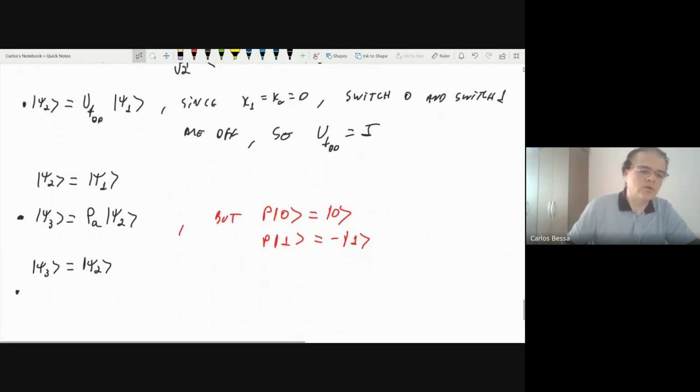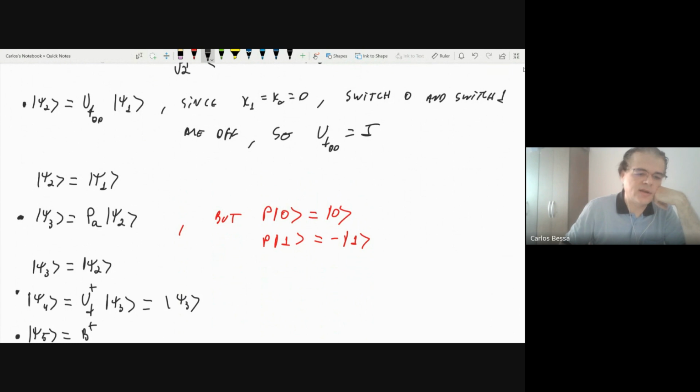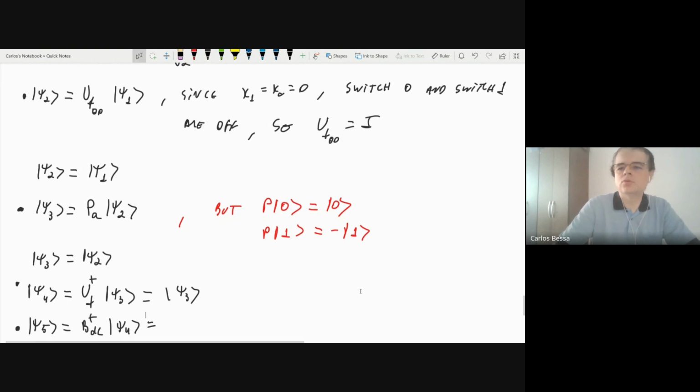And psi 4, we apply the UF dagger to psi 3. But UF dagger is the identity dagger. The identity dagger is just the identity. So this is psi 3. And in the end, psi 5 is B dagger in the DC wire applied to psi 4. And psi 4 is equal to psi 3, that's equal to psi 2, that's equal to this guy.